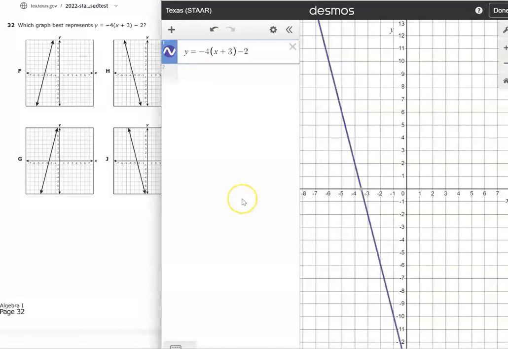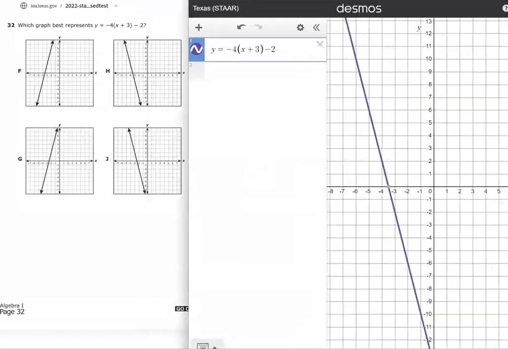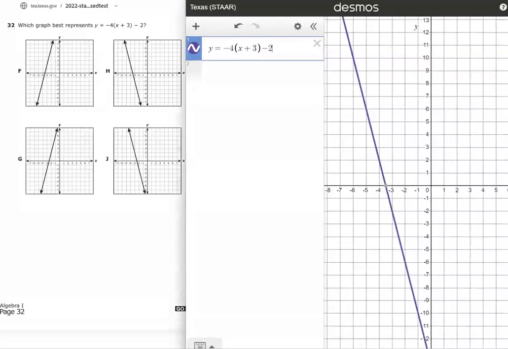So the first thing I notice is that answer choice F is increasing, so I would rule that one out, and I would rule out answer choice G for the same reason, because this graph is clearly decreasing. So we're down to H and J. So let's look a little closer to see which of those two makes the most sense.